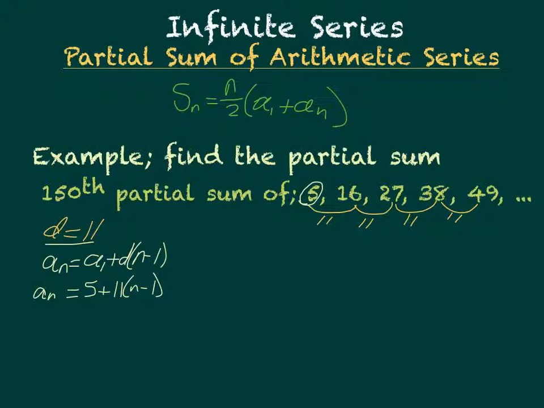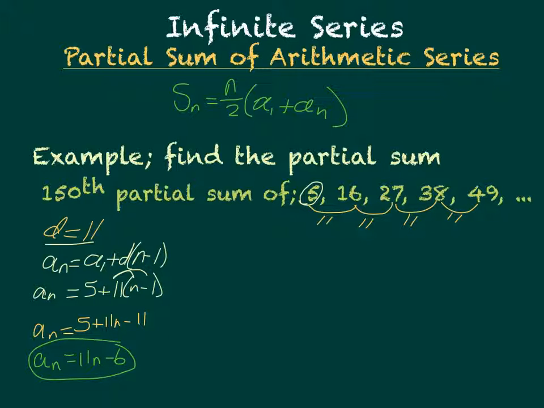You always have to simplify, so we distribute, and we have a sub n equals 5 plus 11n minus 11. So my final equation for my arithmetic series is a sub n equals 11n minus 6.